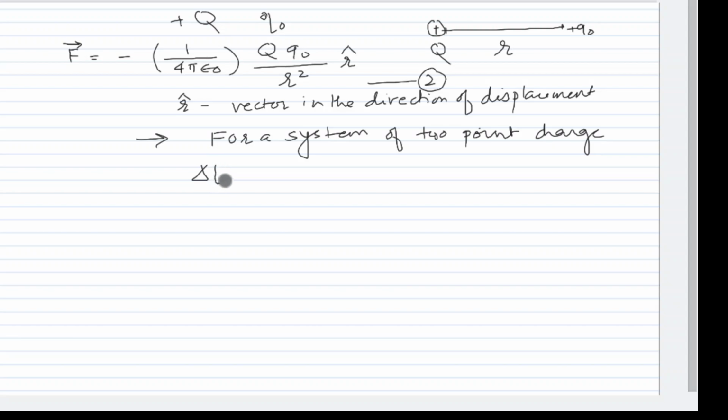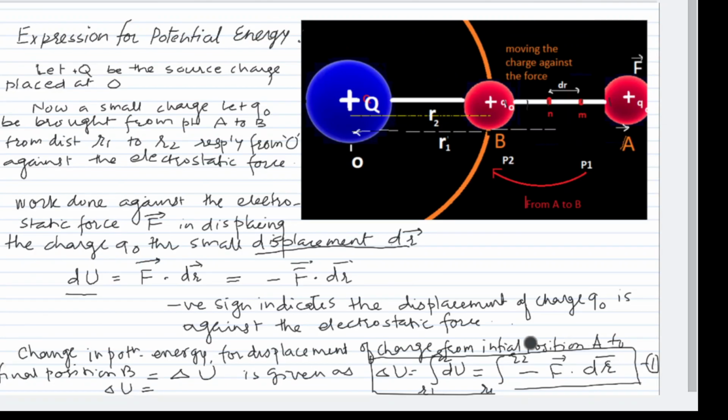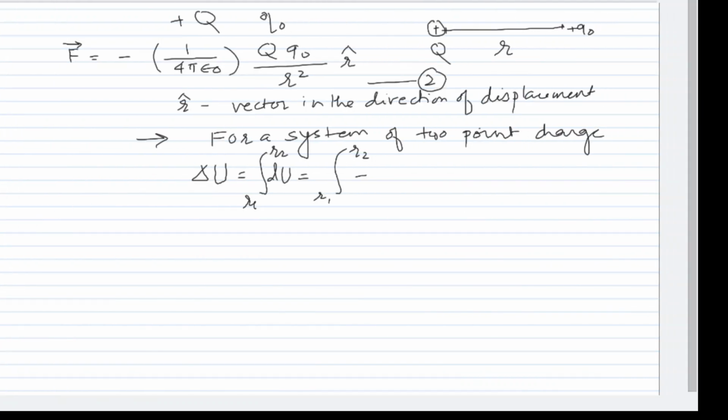We can say that is equal to dU, and we know that it is the integration from r1 to r2 of small dU, which equals the integration from r1 to r2 of, in the previous slide we have the equation that small dU has this value, minus F into dr. That same value we are writing here, and it is F into dr.